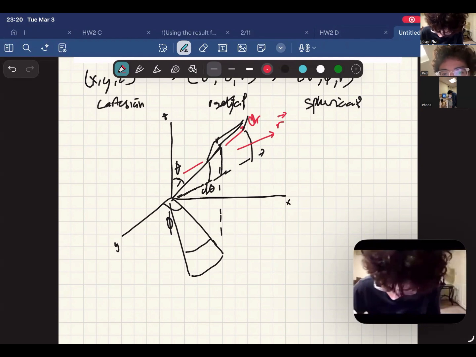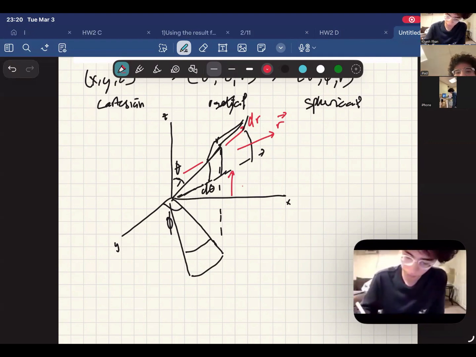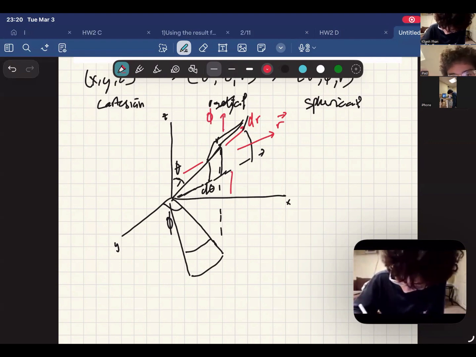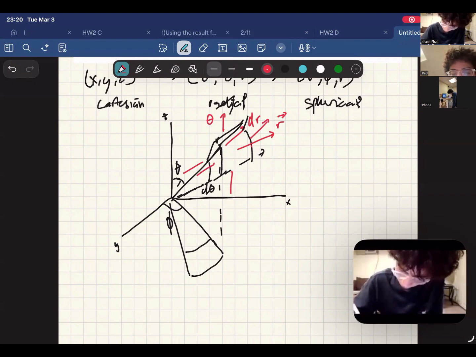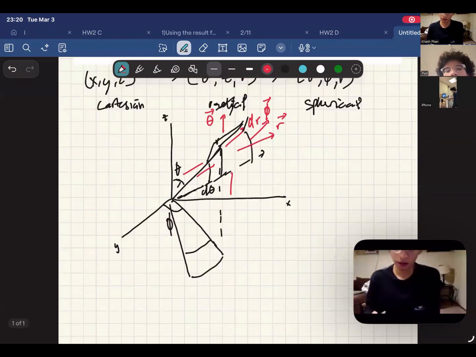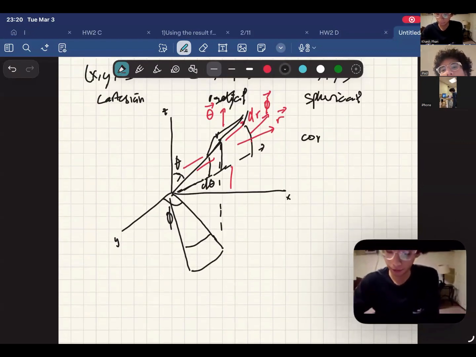And then we have heat flow through the theta direction, and then we have the phi direction. And then first we're going to define our control volume, okay?